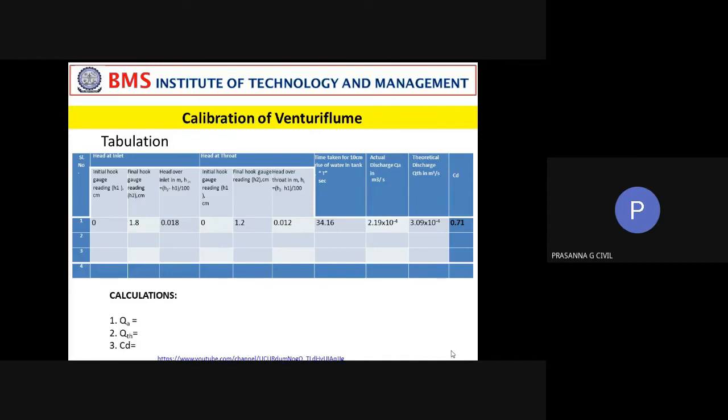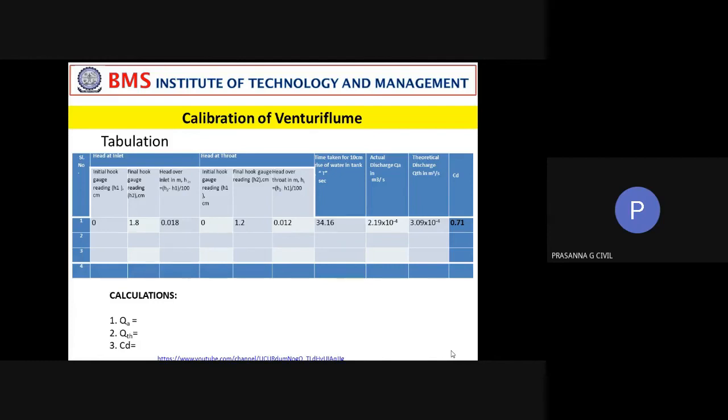For that particular discharge, the time taken for 10 centimeter rise of water in the collecting tank was recorded as 34.16 seconds. Using the formulae for Q actual and Q theoretical given in the previous slide, Q actual and Q theoretical are calculated, and CD is calculated as Q actual divided by Q theoretical.